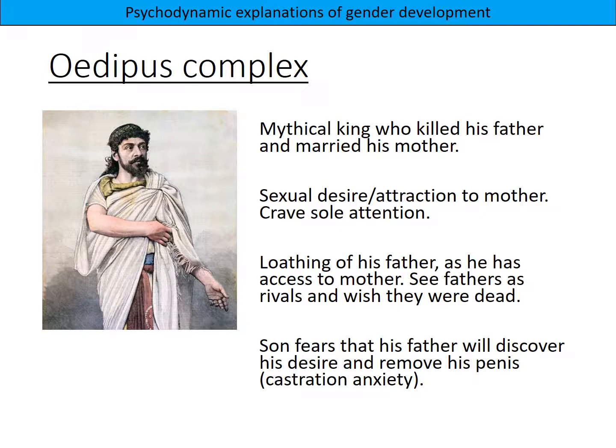So, castration anxiety. We all know what castration is, if you've had pets, dogs or cats for example. Castration means removing of the genitals. So the son's living in fear, he's worried, he's anxious about his father, and this is where the conflict lies.